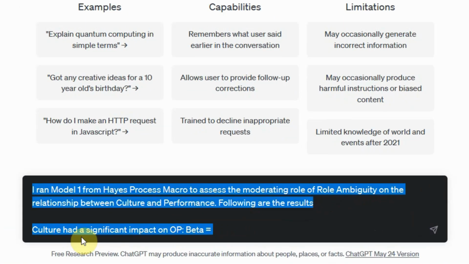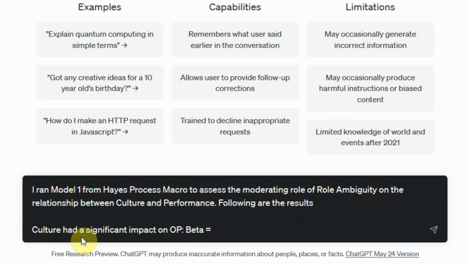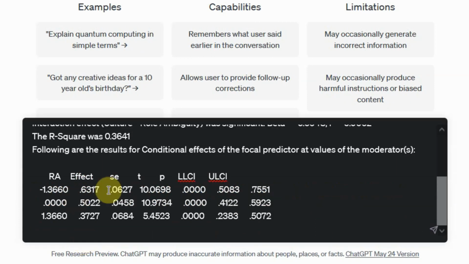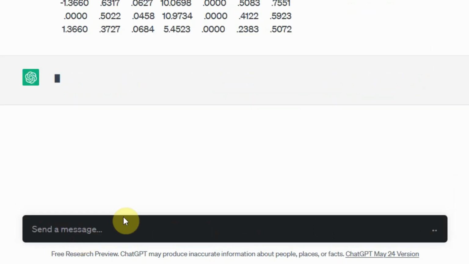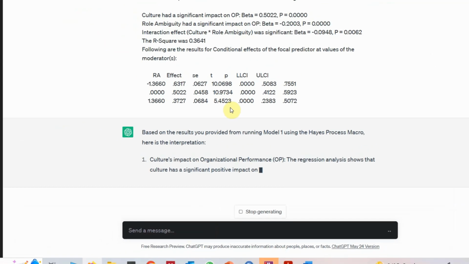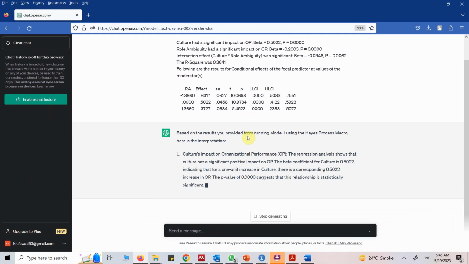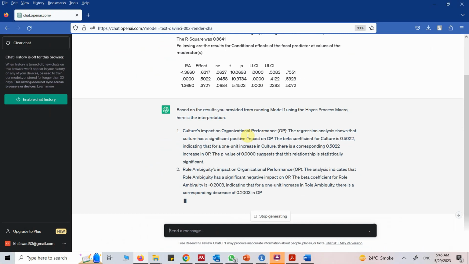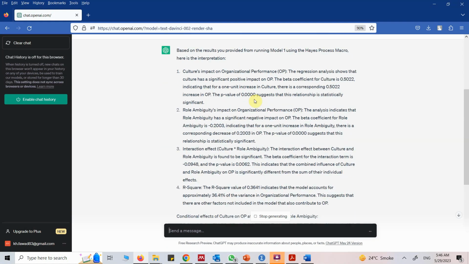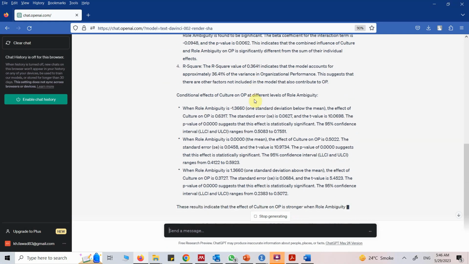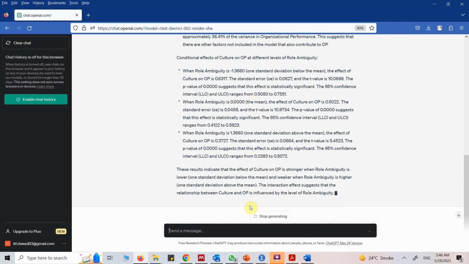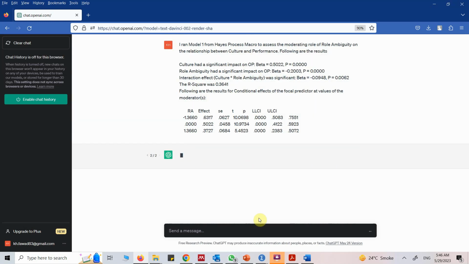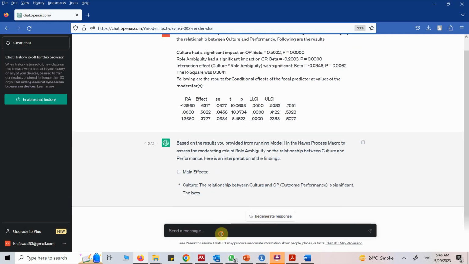So let's see. Paste it and let's run it. Here are the results. Let's see what we get. So here is the detailed interpretation of the analysis. Now again, it's very detailed. Let me ask ChatGPT. Okay, stop generating.